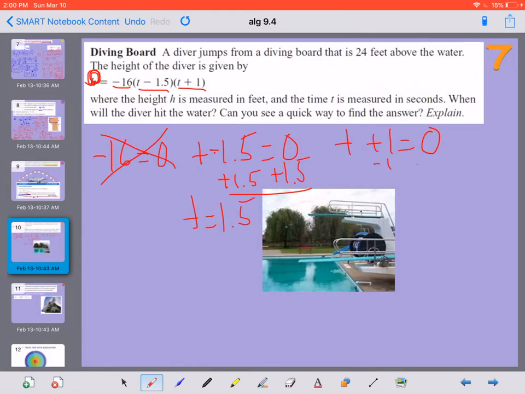And here, if we subtracted 1, t equals negative 1. So we're looking for t here. Well, t is the time, so it would be 1.5 seconds. This is negative 1 seconds. Now negative 1 seconds doesn't make sense, so we know that it takes him 1.5 seconds to hit the ground after jumping off the diving board.